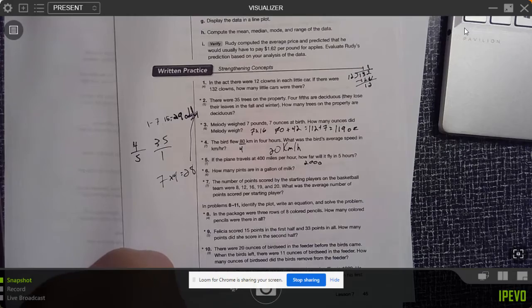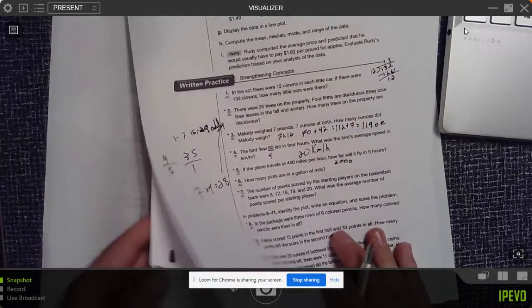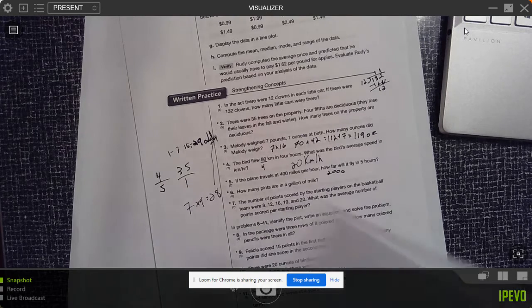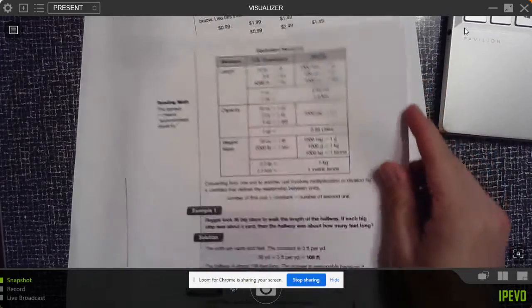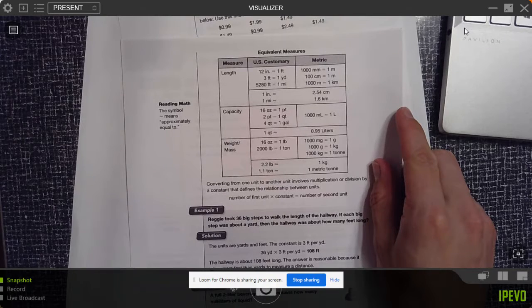How many pints are in a gallon of milk? Okay, so this one we have to go back to our previous stuff. I want to actually show you where it is. All right, so here we have the equivalence and measures.